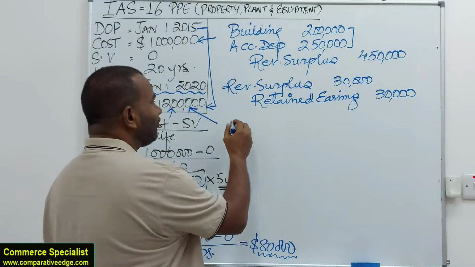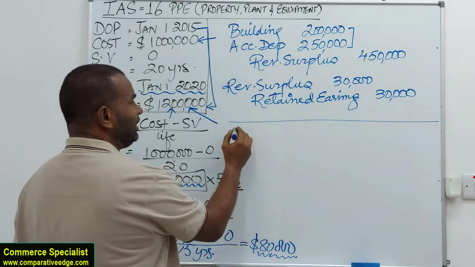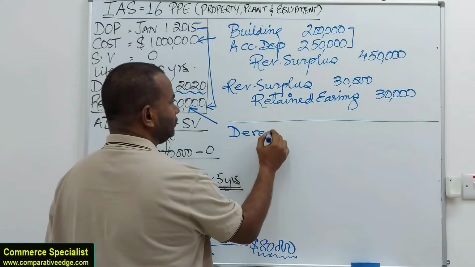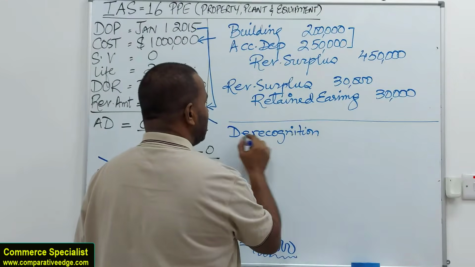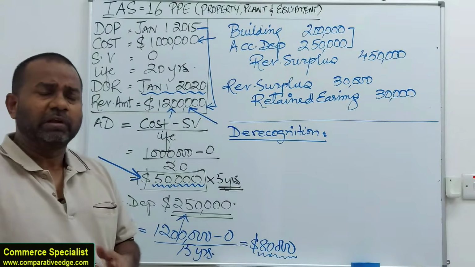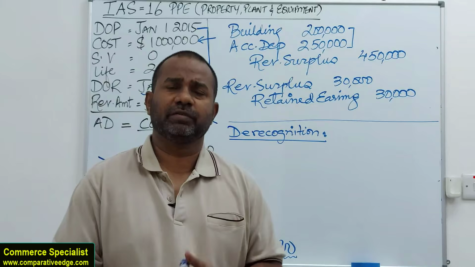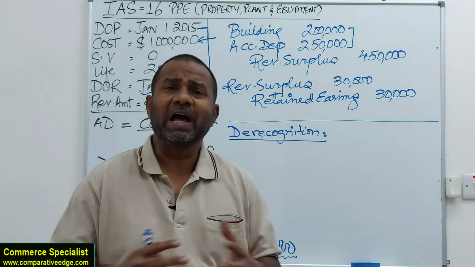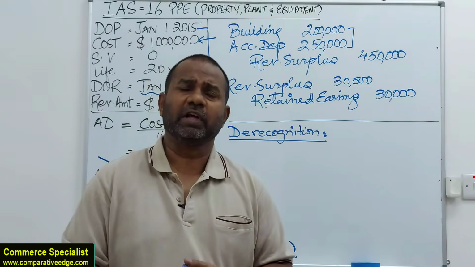Finally, the last point in IAS 16 is derecognition. Derecognition means what happens when you sell the asset? What happens when the asset is no more useful for the company?